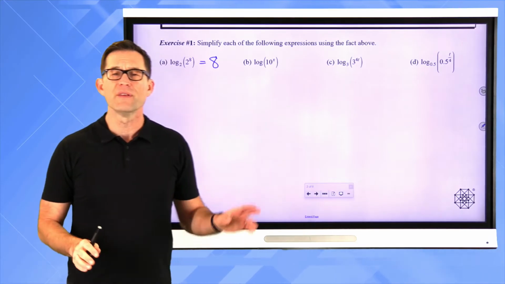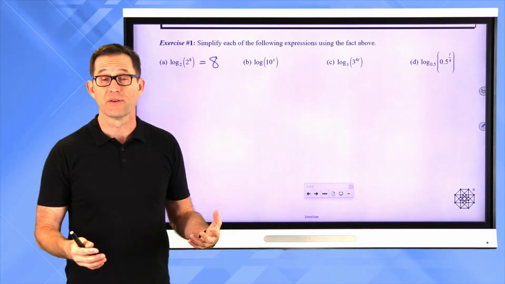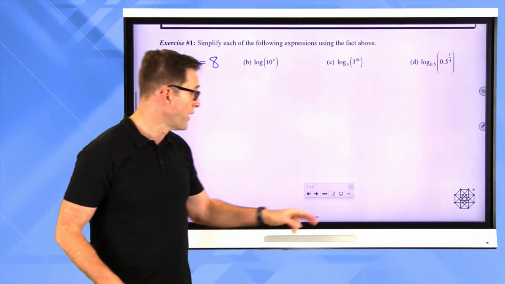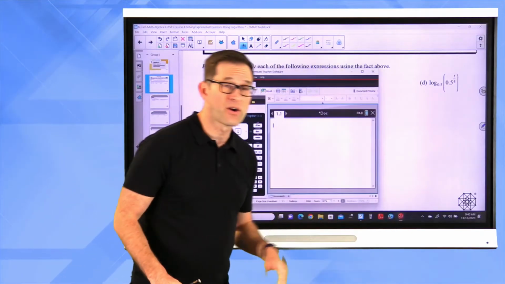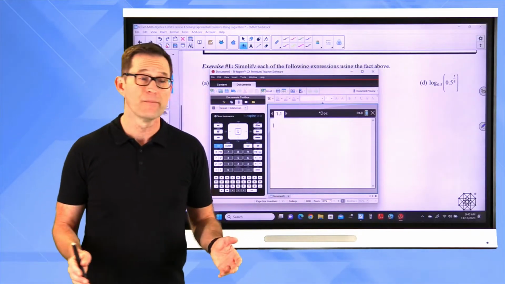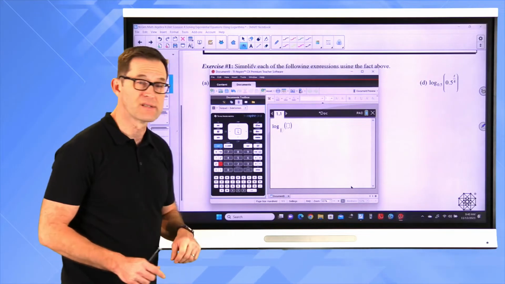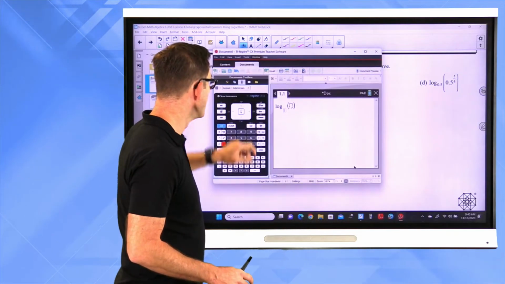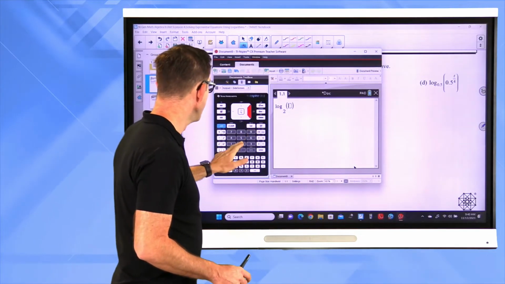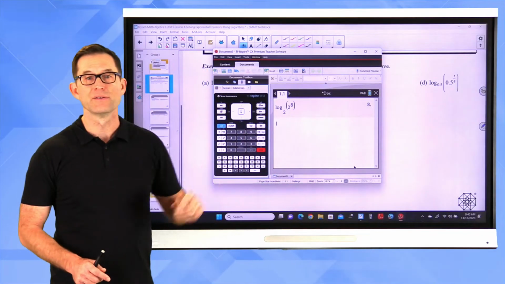Now, the rest of these involve variables, which is important because we're going to be solving exponential equations. But just really quick, if we've got our calculator, and I'm using the TI Inspire, and we go to our general logarithm, which we looked at previously, this was the log base 2 of 2 raised to the 8th power. There's that 8.